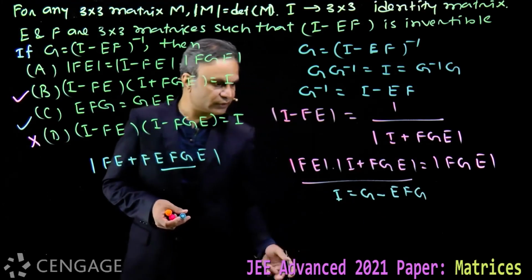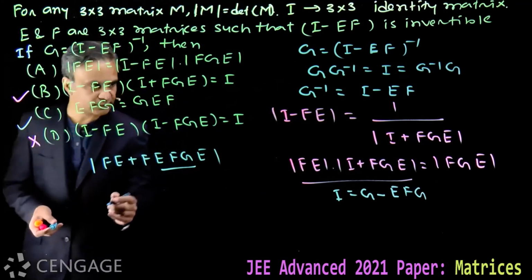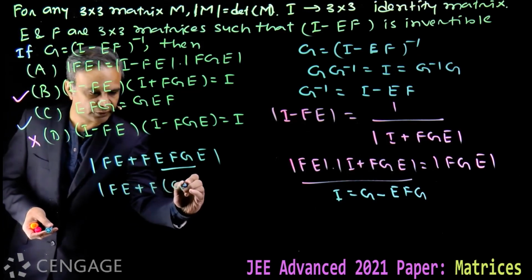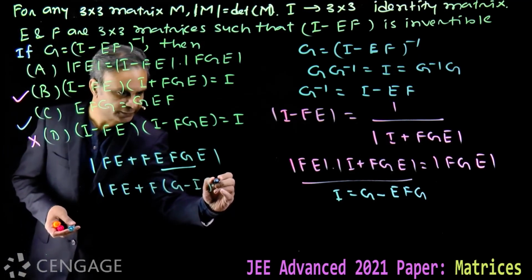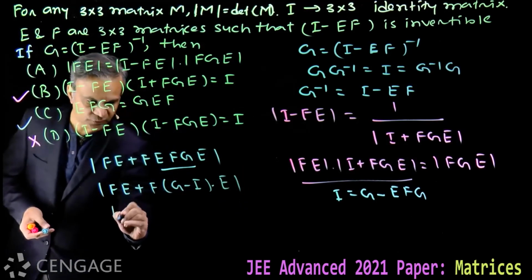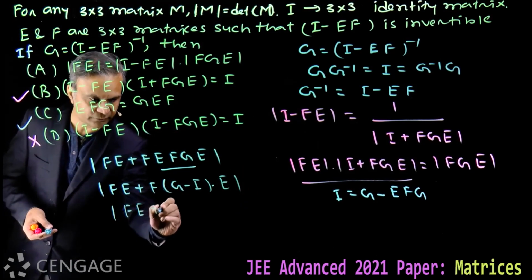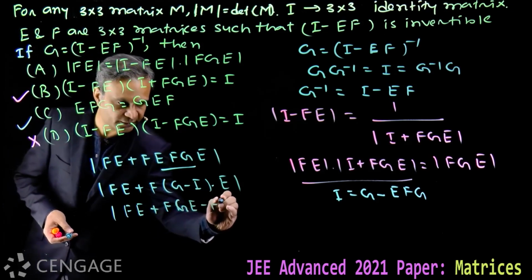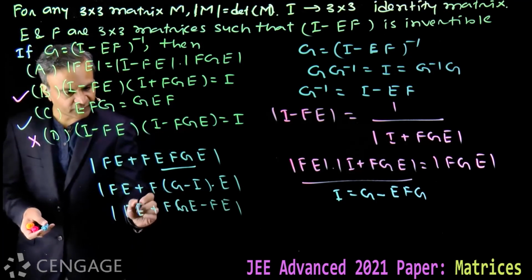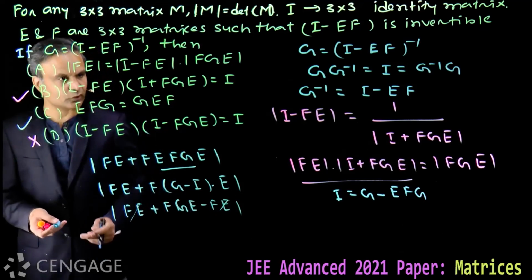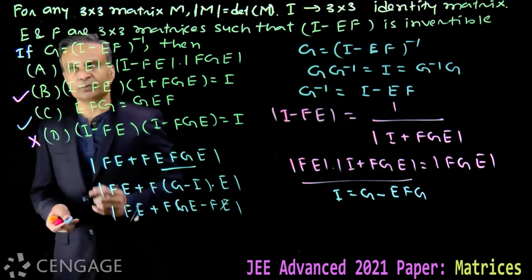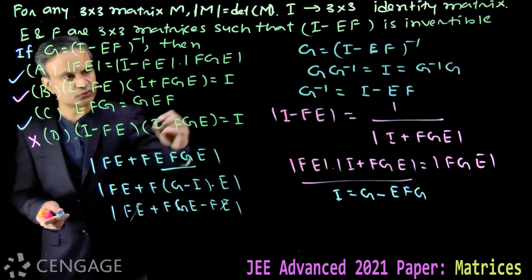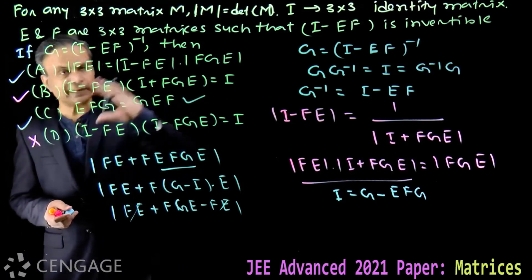So EFG is G minus I. We get FE plus F into (G minus I) into E. So this is modulus of FE plus FGE minus FE. FE gets cancelled out, so this is equal to modulus of FGE. Okay, so option A is also true. So we started with this option and we used this in other options.